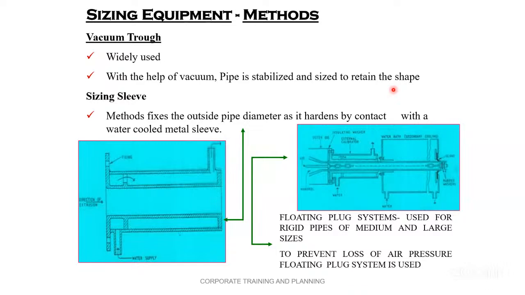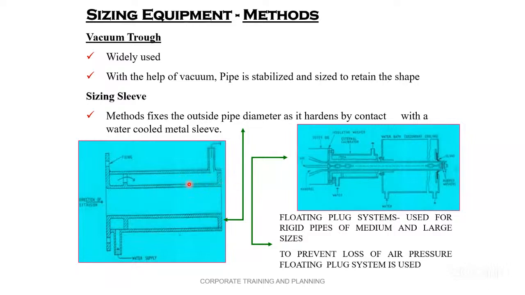See now here, the vacuum is applied here, friend. The pipe is going like this from this place. See, the vacuum is again applied here. Vacuum is applied here. Therefore, there's a continuous atmospheric pressure at the outside of this.